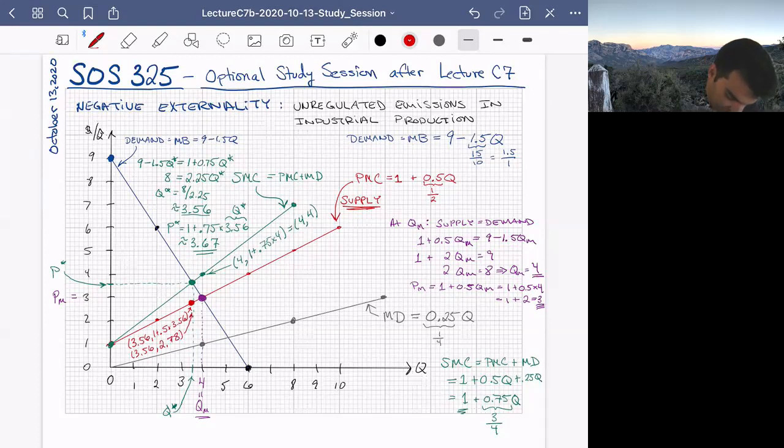That's that point right there, and as a check, that does seem to be about right. Now I have all of the points needed to solve for anything that I could possibly ask you about this diagram.